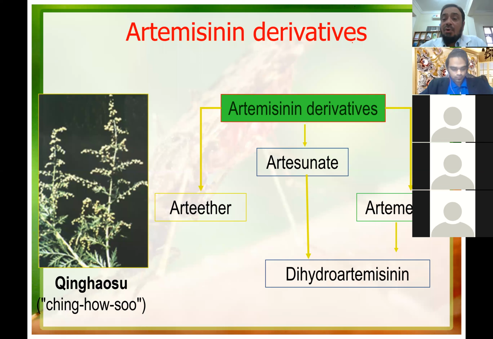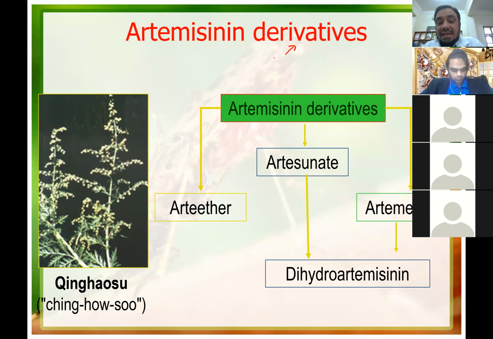Now coming to the most important drugs, the drugs which have changed the scenario of malaria, reduced the incidence of malaria and decreased the recurrence rate. They are the artemisinin derivatives.